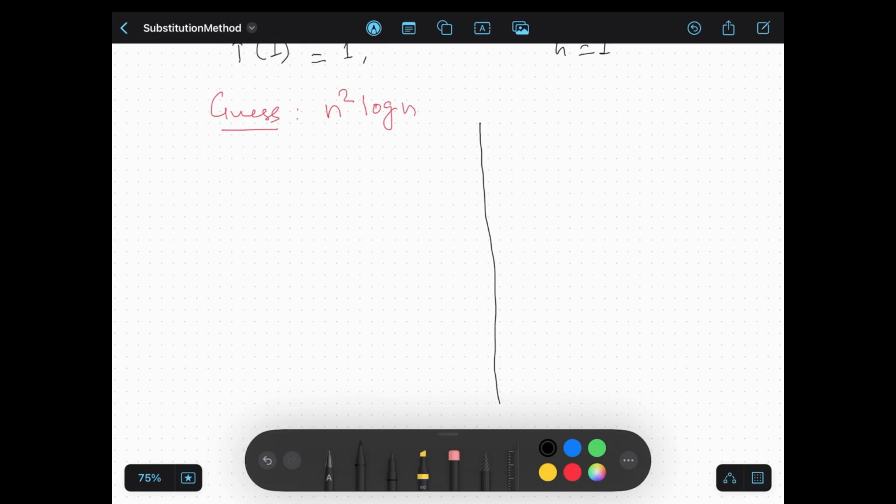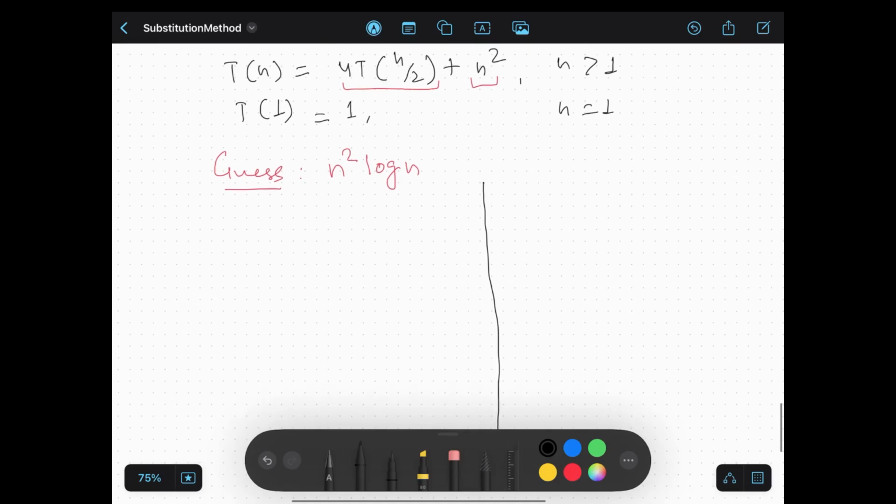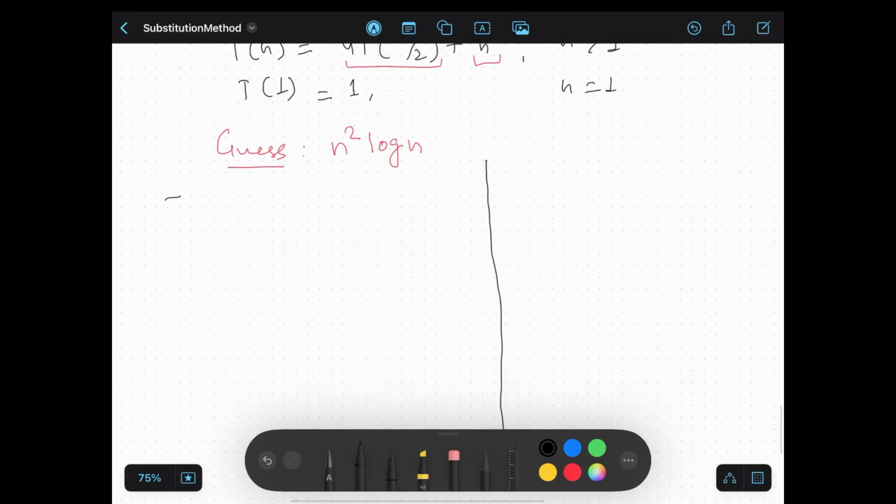So the problem is being divided into half. We are going to do a few steps which will divide the problem into half, and then we try to guess a generic equation.